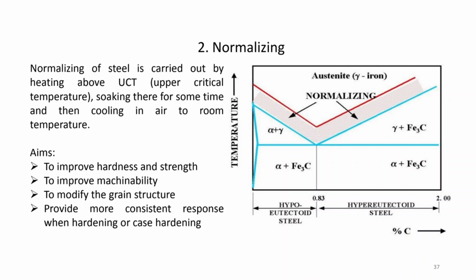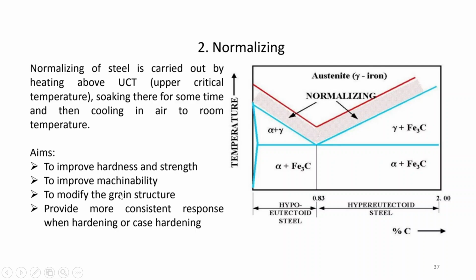Next you have normalizing. Normalizing of steel is carried out by heating above the upper critical temperature, soaking there for some time and then cooling in air to room temperature. Okay, the aims of normalizing are to improve hardness and strength, to improve machinability, and to modify the grain structure.